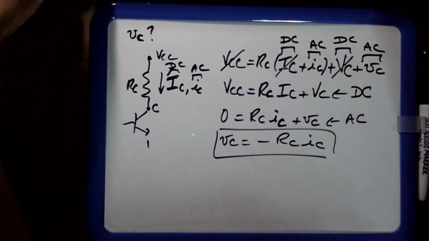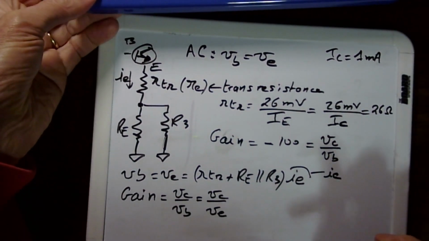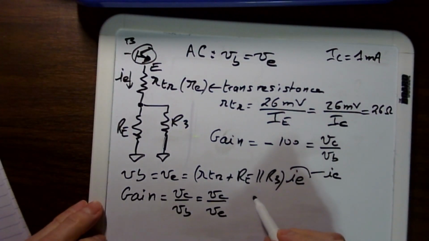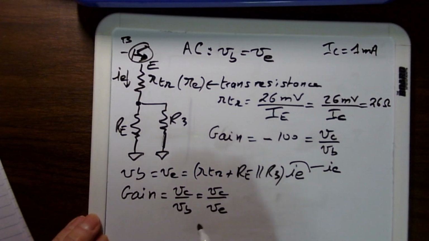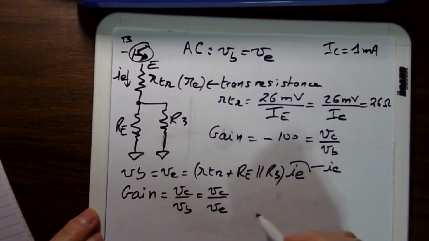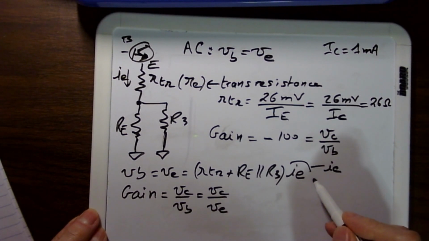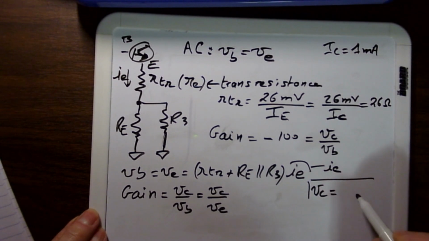Okay, so we're going to plug that into the other board. So VC, we just computed VC equal minus RC IC.